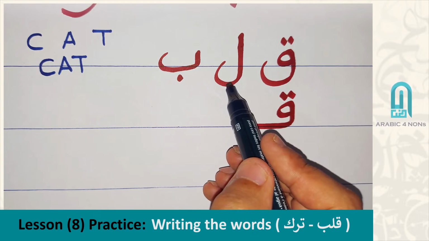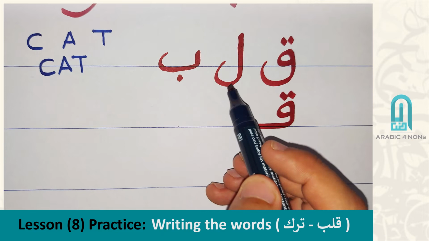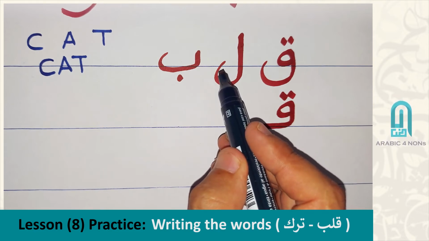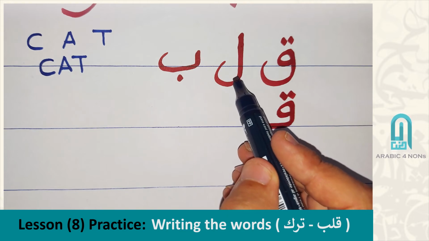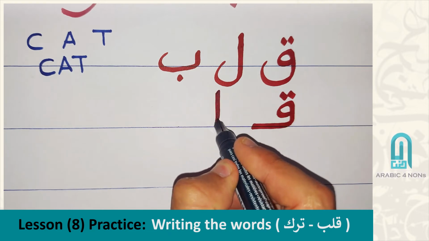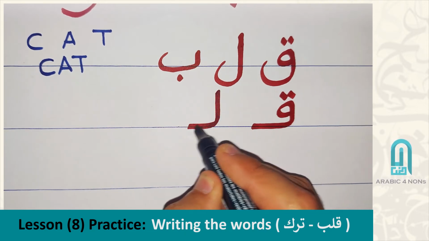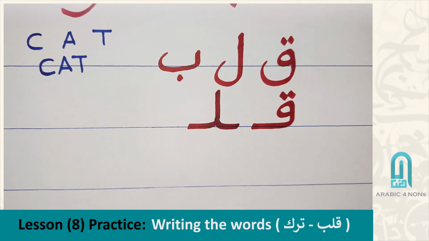The second one, letter La, when we shape it, we again delete the curve and stretch two lines, one to the left and one to the right, because this one is in the middle. It needs to be joined from both sides. So like this, here is the horizontal line to the left, and here is the horizontal line to the right.